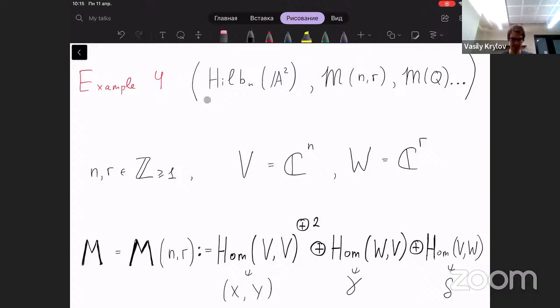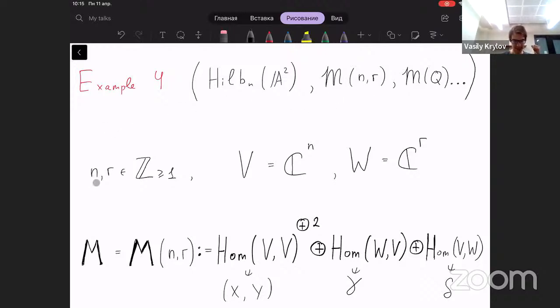So example number 4 will be about the Hilbert scheme of points on A2, or more generally, the ADHM space, which I denote by M(n,r), or even more generally, quiver varieties M(Q), which I will discuss only a little bit. So let me define this space, because this is the main player of our talk.